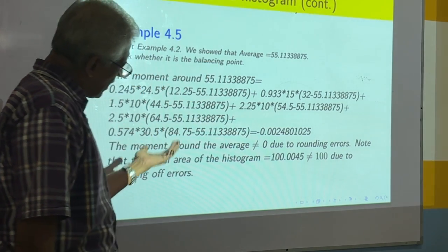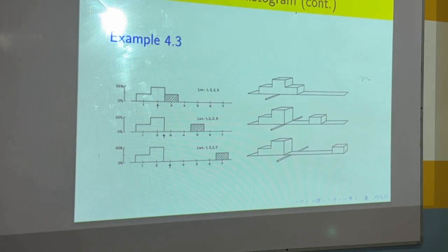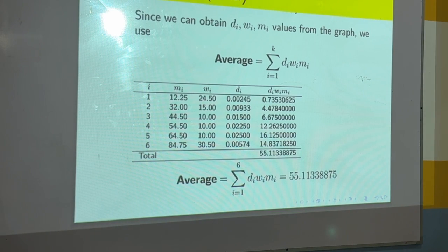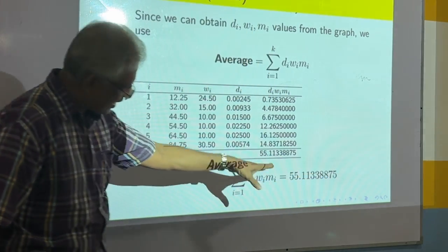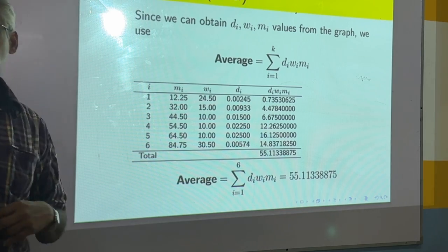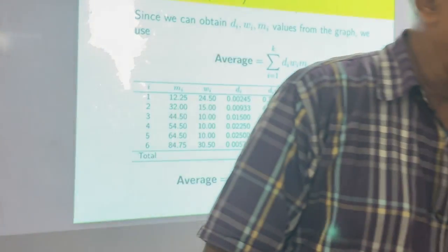And I have done that for a continuous case also, right? Considering this picture here, I have calculated the mean, we have already calculated it to be 50.5 point something here. Here I have written down more decimal places because otherwise the moment is not going to be equal to 0 because of the rounding off errors.